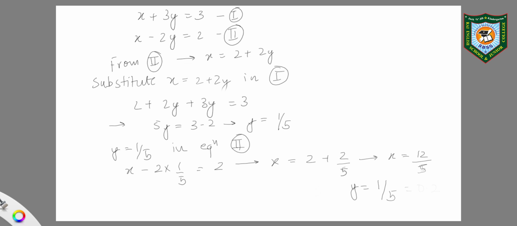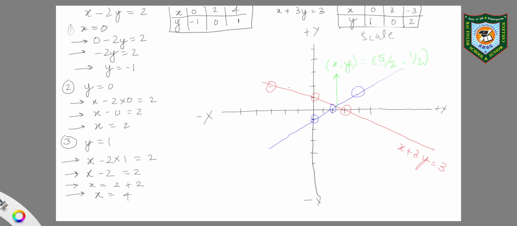Just to be sure, we are going to make a correction in our graph over here. So this solution becomes 12 by 5 and 1 by 5.